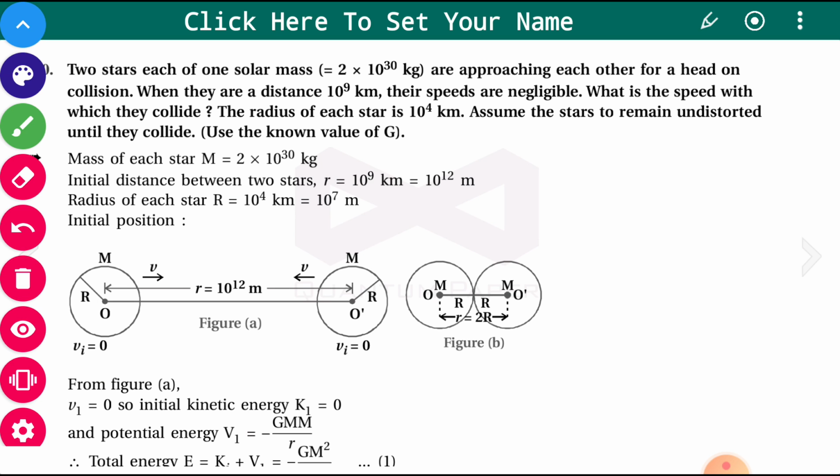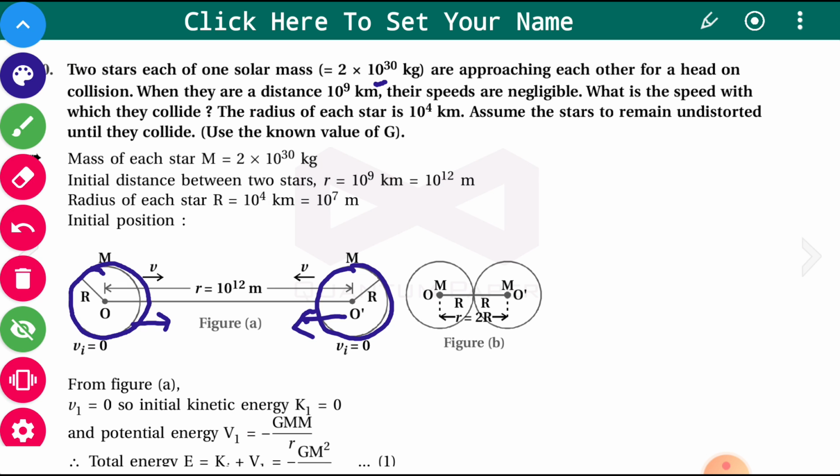Two stars, each of one solar mass, are approaching each other for a head-on collision. One solar mass is 2 into 10 raised to 30 kg, the mass of the sun. They are initially at rest and approaching each other, coming towards each other for a head-on collision.